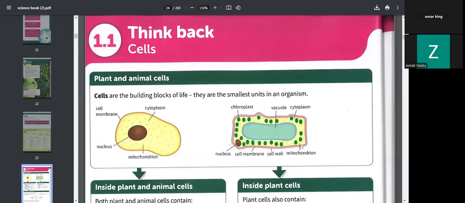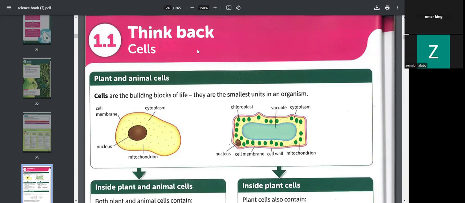Hello, my dear listeners. Today we will talk about the cell. The cell is the structural and fundamental unit of living organisms. Living organisms consist of tissues.